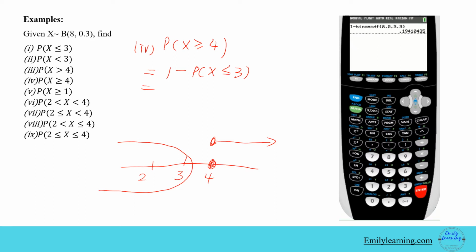And here we go, we got the answer for P(X ≥ 4), which is also equal to 1 minus P(X ≤ 3). Round off to 3 significant figures, it will be 0.194.